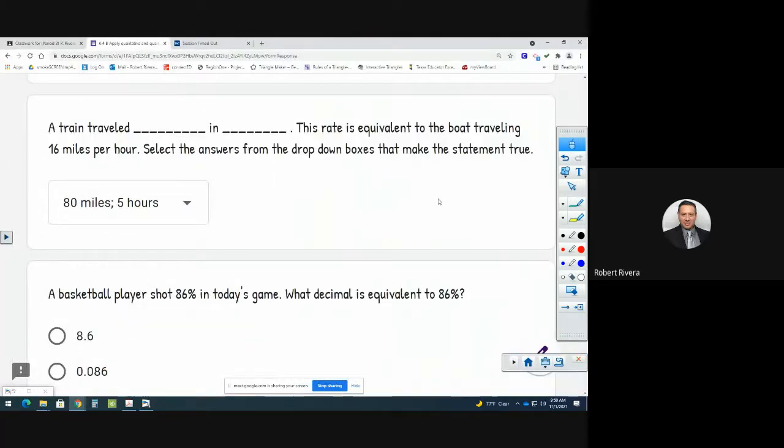Remember, in the real test, when you click on this empty space, you're going to get choices with a mouse. 80 miles, 30 miles, whatever it is. And then when you click, you're going to get choices with the arrows. They're not going to be together like this. You're going to choose and choose. So when you're doing that, what I would do is I would click, check, test it, and then test the other one.